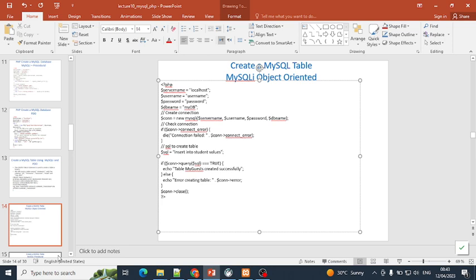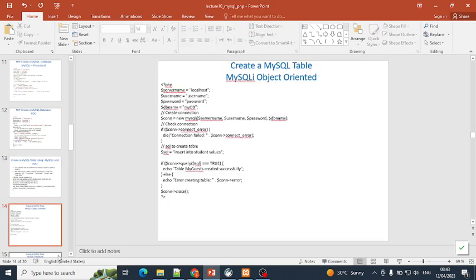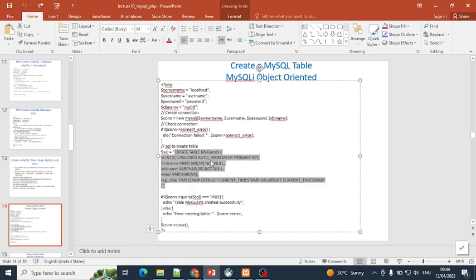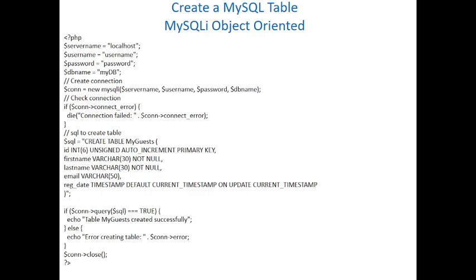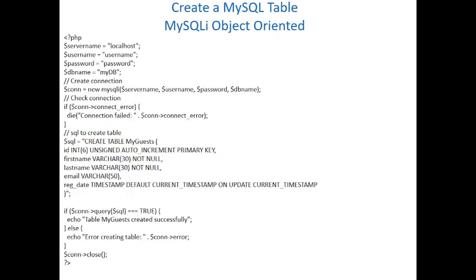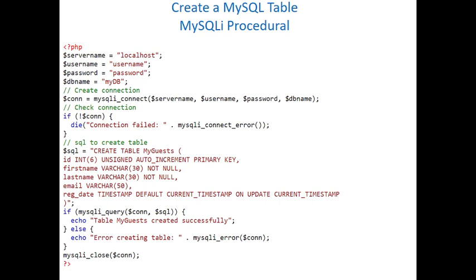Or you write the update command, or the delete command. These are the different ways of manipulating your database objects. So they showed you here how to create a table. This is MySQLi and this is MySQLi connect.